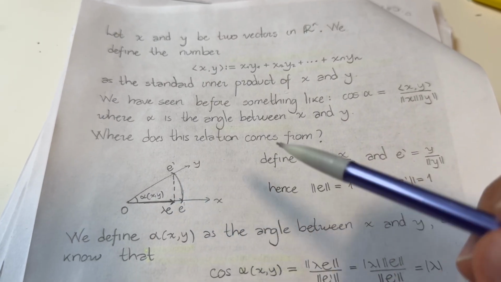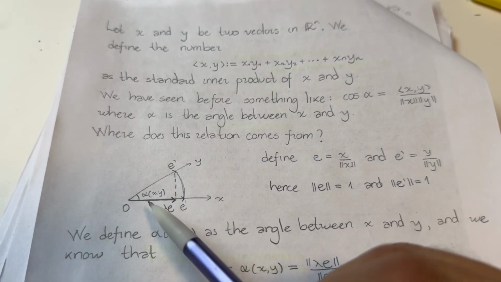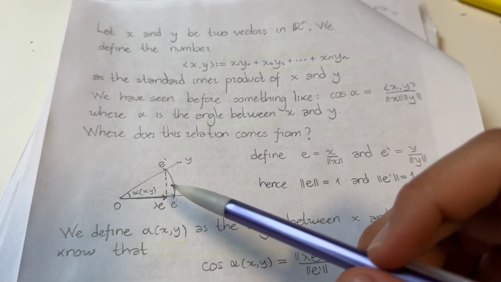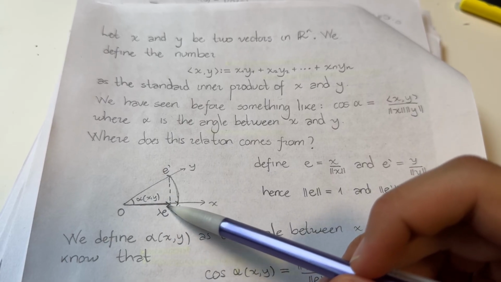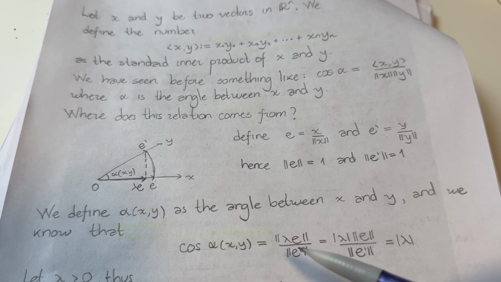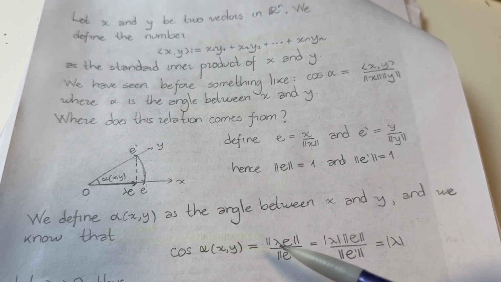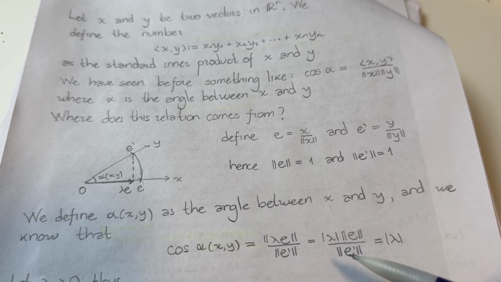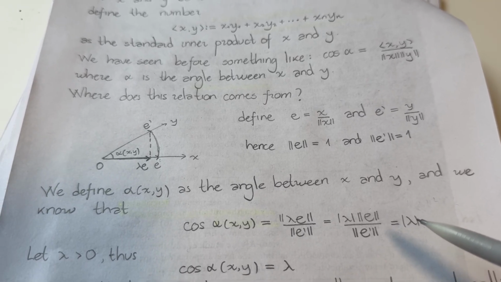Previously we said that alpha was the angle between x and y, and by a geometric construction we know that cosine alpha is the same as the length of this vector over the length of the hypotenuse, because this is our right angle here. So we can take out the lambda in absolute value, and since the magnitude of E and the magnitude of E prime are just 1, this is equal to the magnitude of lambda.